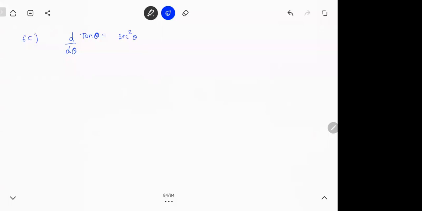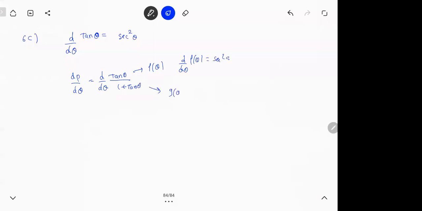If you know this thing, then कर सकते हैं आप अभी. अभी dp by d theta will be d by d theta of tan theta plus 1 plus tan theta ना. This should be f of theta. इसका differential कितना है? Secant square theta.